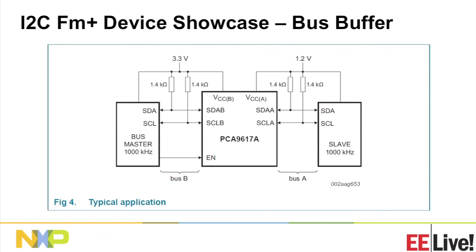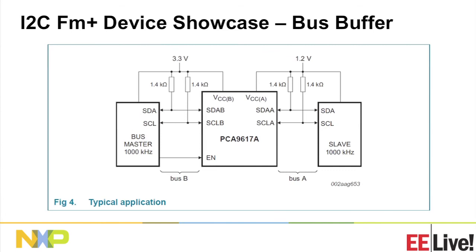Here's an application circuit. In this case, we're going from the world of 3.3 volts to 1.2 volts. So the bus buffer itself has 2 power supply pins. One of them is used for the chip itself and one side. And typically, the higher voltage side powers the circuitry in the chip. So it's hard to make these devices work from 1.2 volts only.